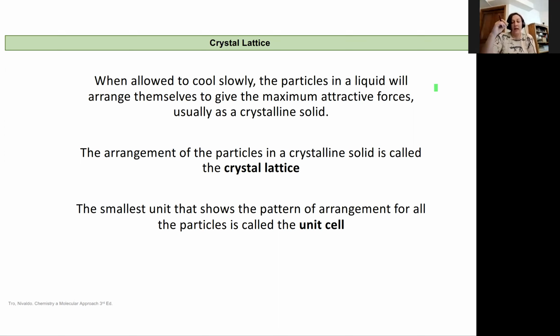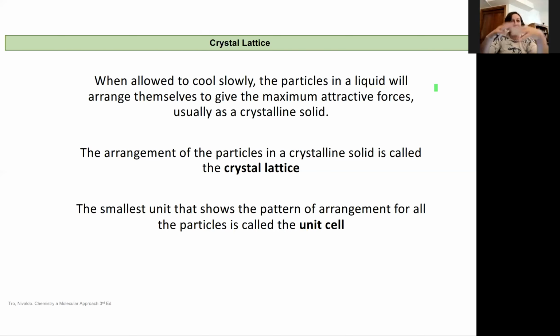If we allow a solid to form over a long period of time, then the particles that go from the liquid to the solid state will be able to arrange themselves such that they're maximizing the intermolecular forces that attract them to one another. That's how we form that crystalline solid: the atom has enough time to maximize its location in the solid structure to overall decrease its potential energy.